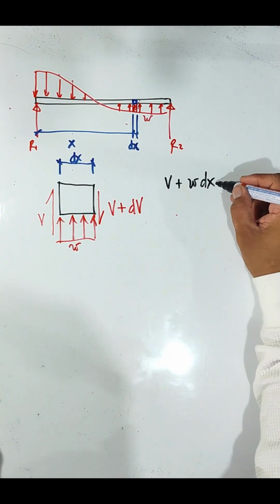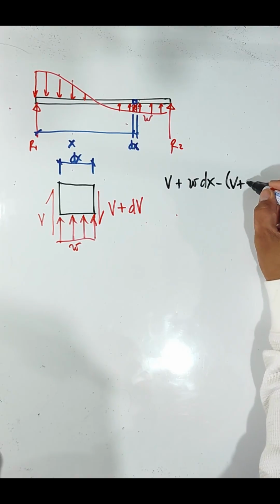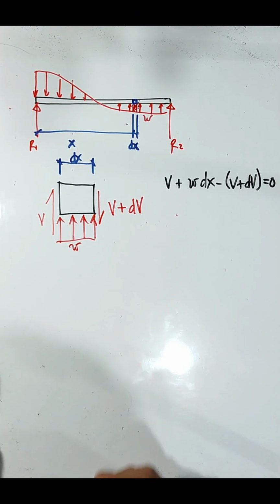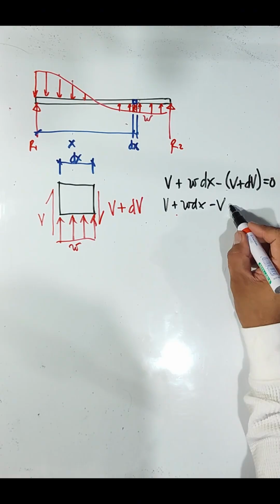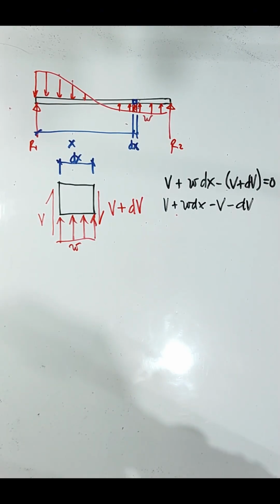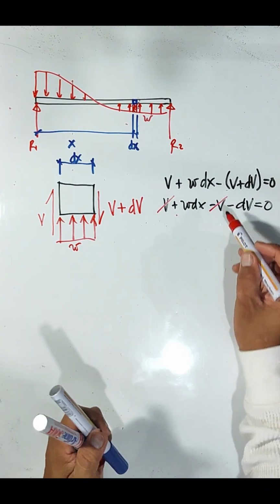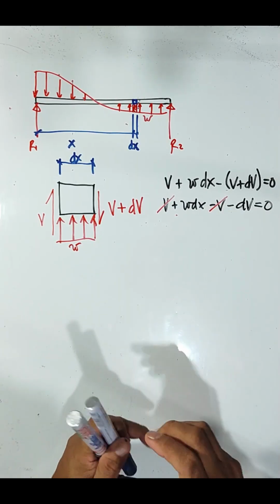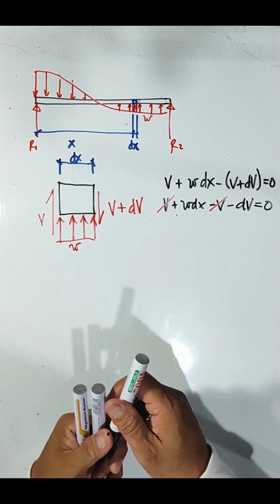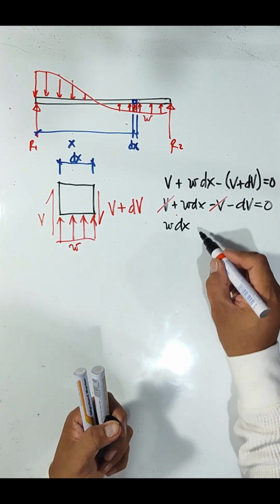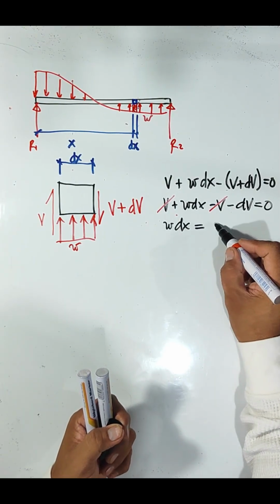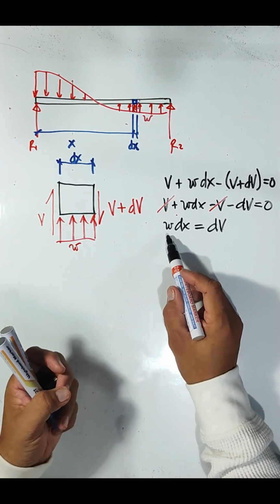This one is going down, that's minus V plus dV equals 0 for equilibrium. So this becomes V minus V minus dV, so V minus V is 0, and we add dV to both sides of the equation. We will have W dx equals dV. We need to remember this one.